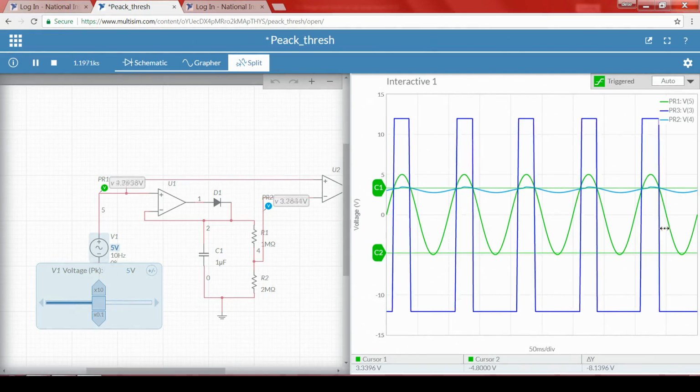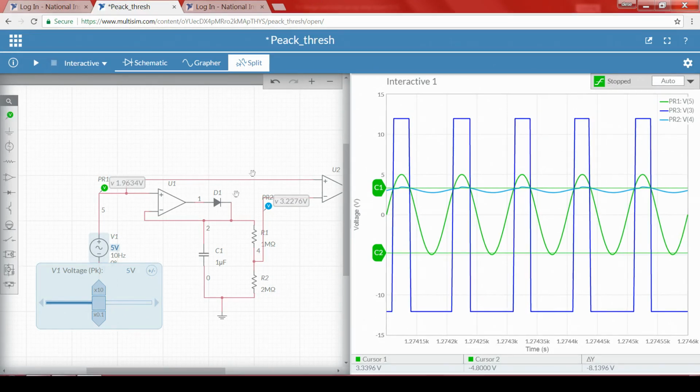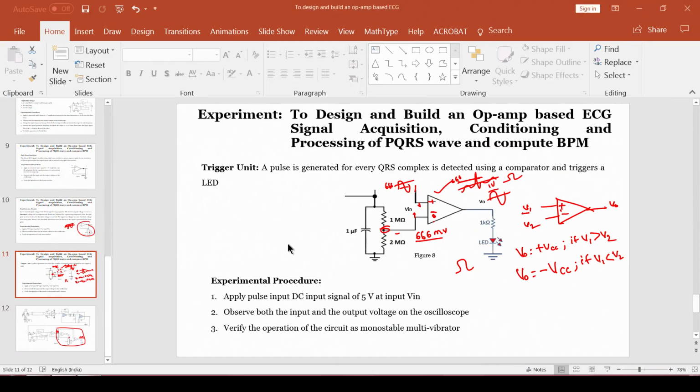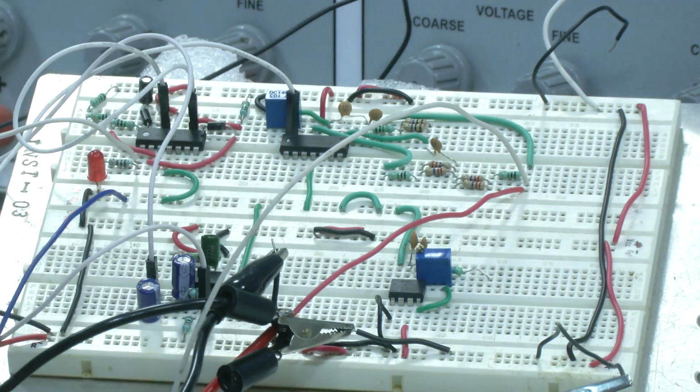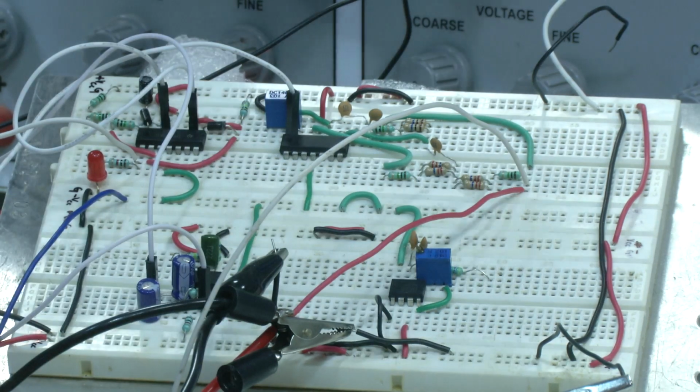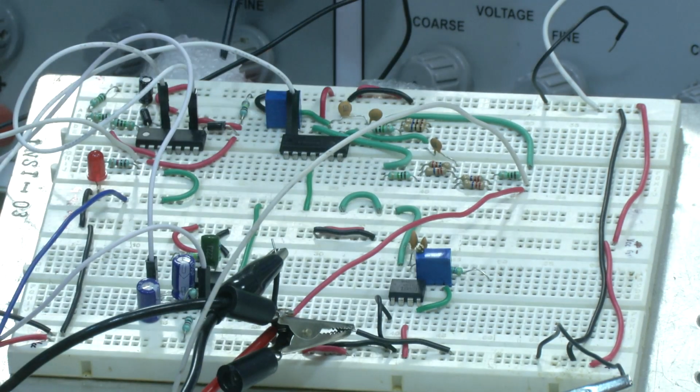So, that means the thresholding part is working fine for our application. Now, we will see experimentally the complete circuit. If you see the next part of this particular portion, we are using a diode and we are also using a resistor.